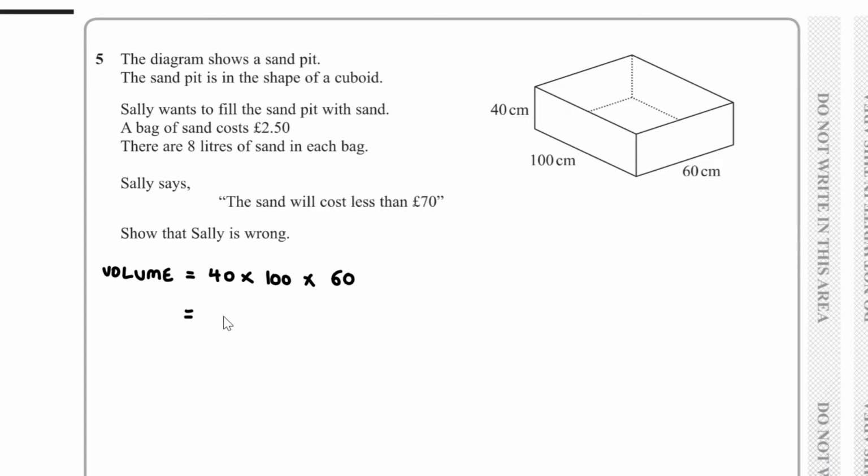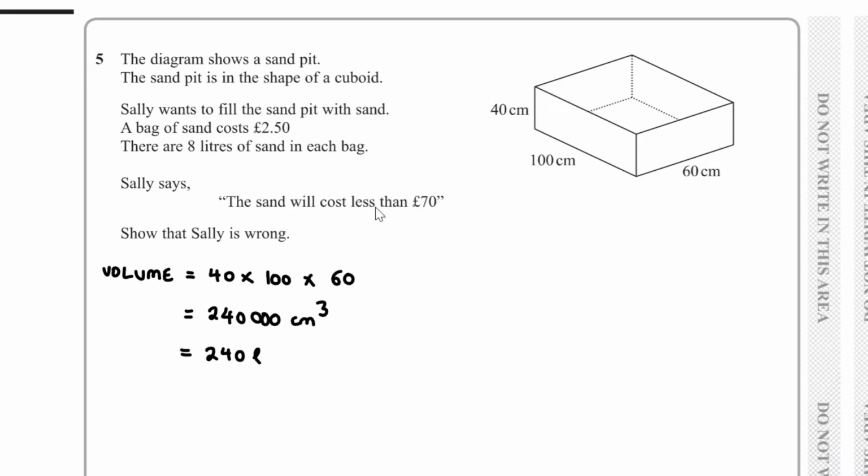So if we work all of this out, we get 240,000 centimeters cubed. And of course, because here we are dealing with liters, we can divide this by 1000 to work out the volume in liters. So if we divide 240,000 centimeters cubed by 1000, we get 240. So the volume is equal to 240 liters.